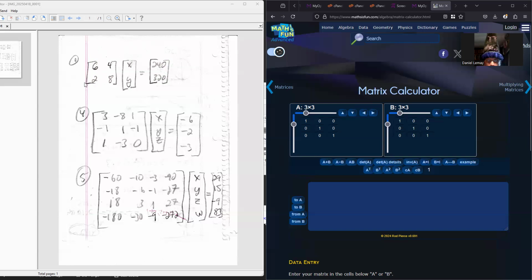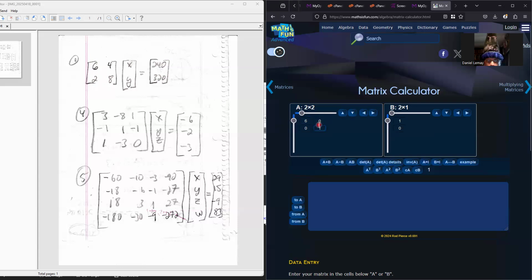So what you got to do is, this first one is a 2 by 2 matrix. So you've got to adjust this calculator to 2 rows, 2 columns, and then the constant matrix is 2 rows, 1 column. So we're going to move this one over so it's 1 column and 2 rows, and then you just got to type those numbers in, and don't miss your negatives. 6, 4.